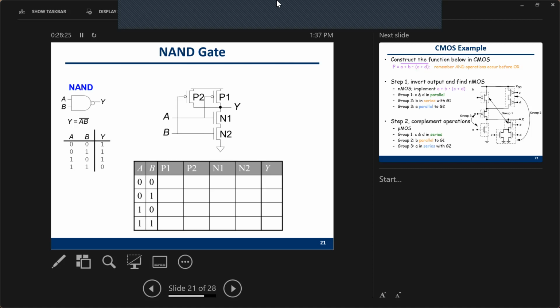Then the VDD can pass through these 2 gates and arrive at Y. When A and B are 0s, N1 and N2 are open, so the ground cannot pass through to the right. Then Y is 1.